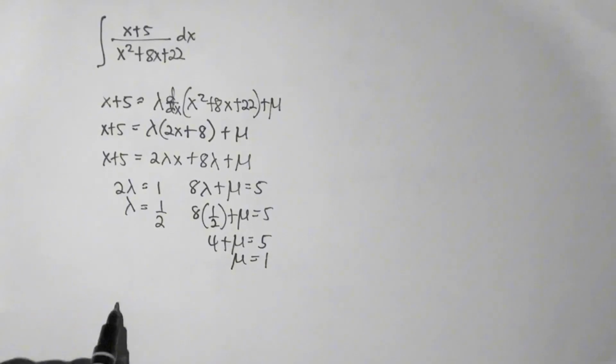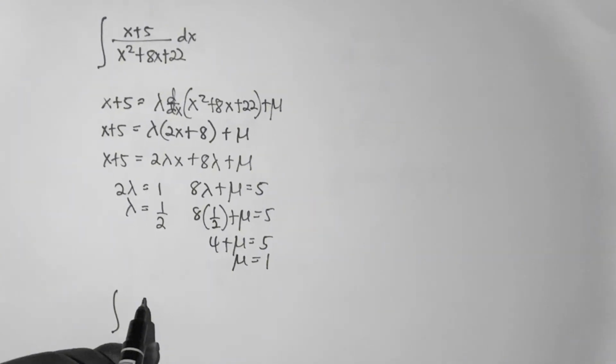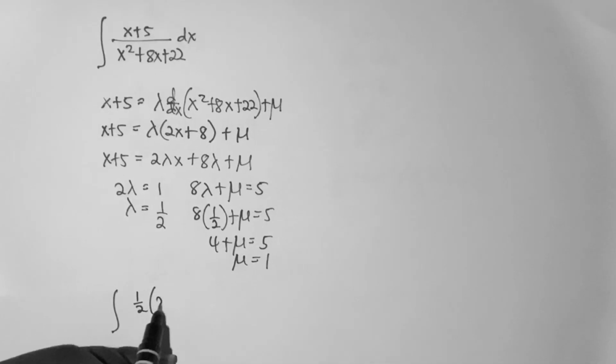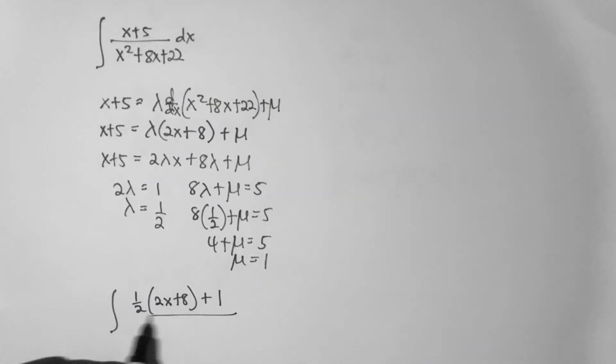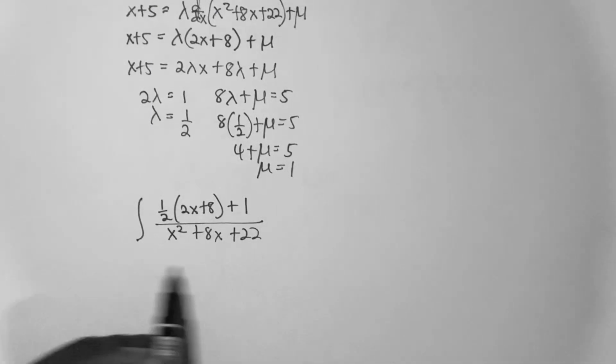So this integral can be reduced to the integral of lambda, which is 1 over 2, times the derivative, which is 2x plus 8, then plus mu, which is 1, divided by x squared plus 8x plus 22. So let's break this integral into 2.